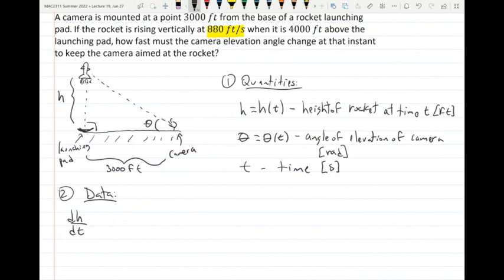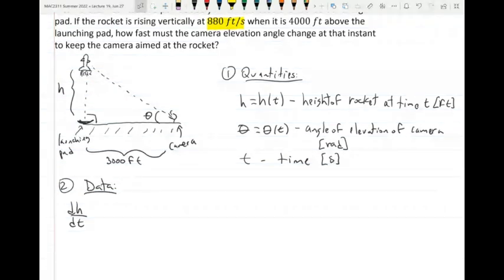It says the rocket is rising vertically at 180 when it is 4,000 feet, in other words, at that moment in time. That's speed. As you know, the rocket is accelerating. Acceleration is speed changing, so as time changes, your speed is going to change. Do you understand what I'm saying? And it has to accelerate because it has gravity and all the stuff working against it.